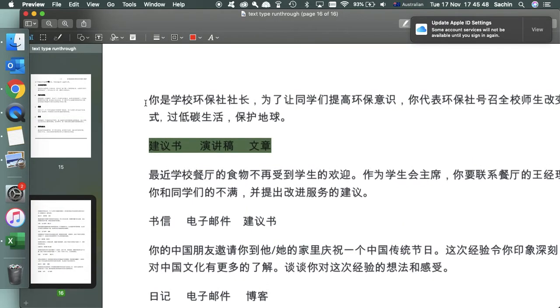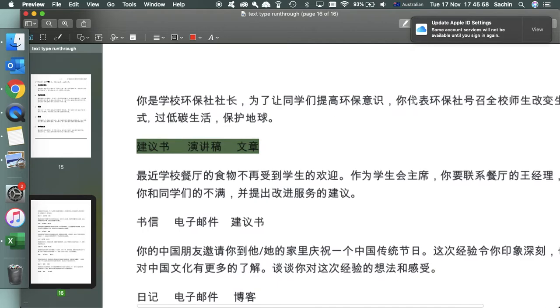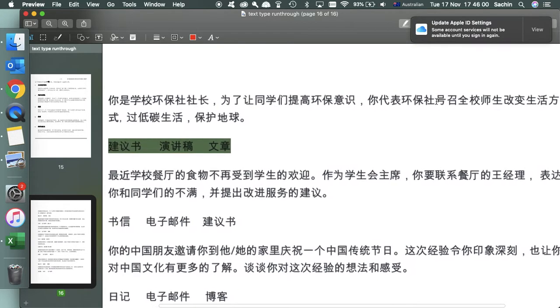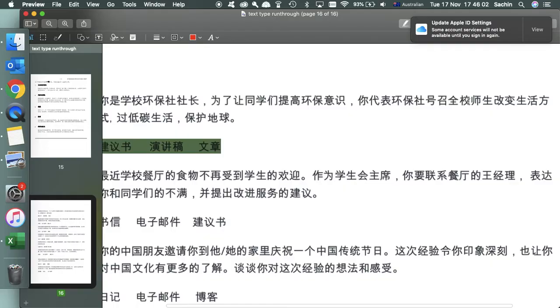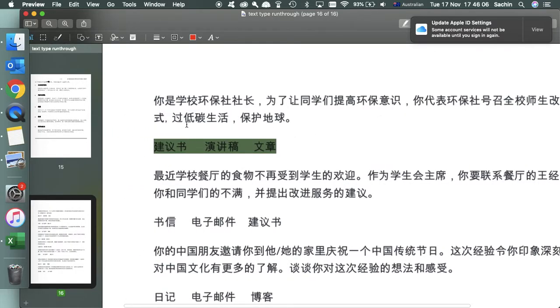So here the first one, 你是学校环保社社长，为了让同学们提高环保意识，你代表环保社号召全校师生改变生活方式，过低碳生活，保护地球。So here it's like you are the environmental protection club captain.